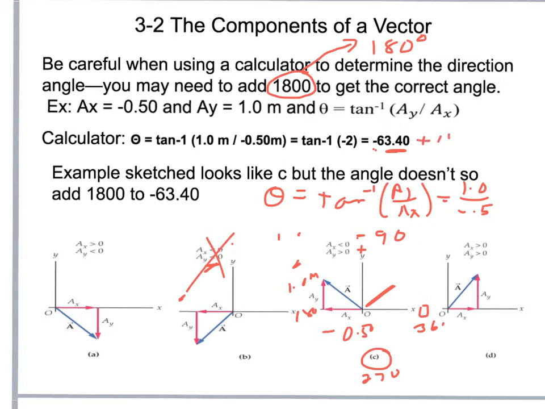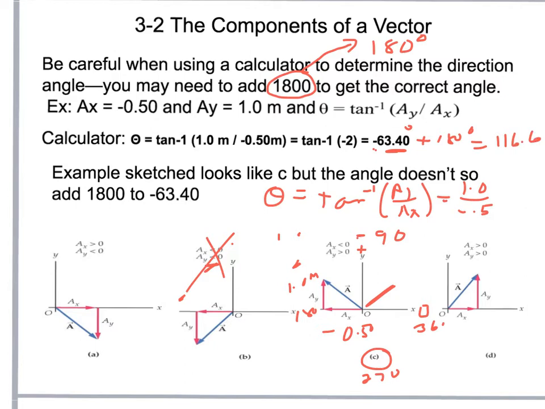So when you add 180 degrees to the 63.4 degrees, that should be a degree also. And if you're following along with the slides in the PowerPoint, the PowerPoint slides have the degree symbols in them. It's just on the presentation, the recorded one. So when you add that 180 to the negative 63.4, you get a positive 116.6.